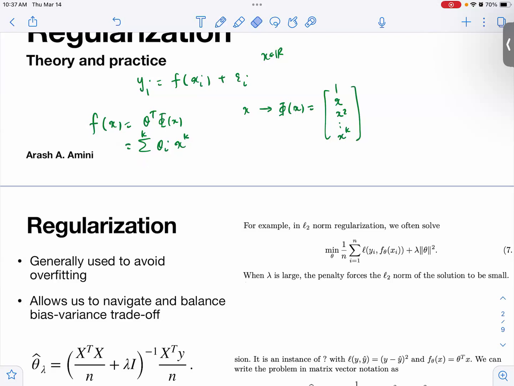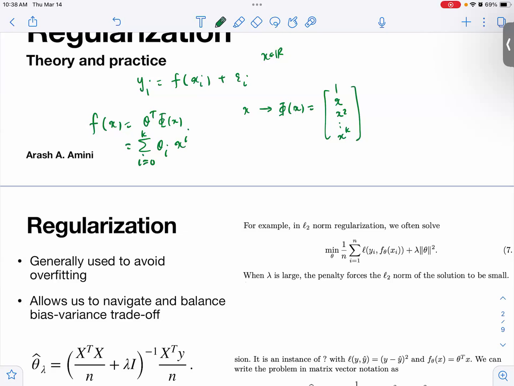Sorry, it will be the summation of theta_i x^i, i from 0 to k, basically. So this is a polynomial function, which is nonlinear, but I can fit it just like regression by treating it as if I have a new set of features.